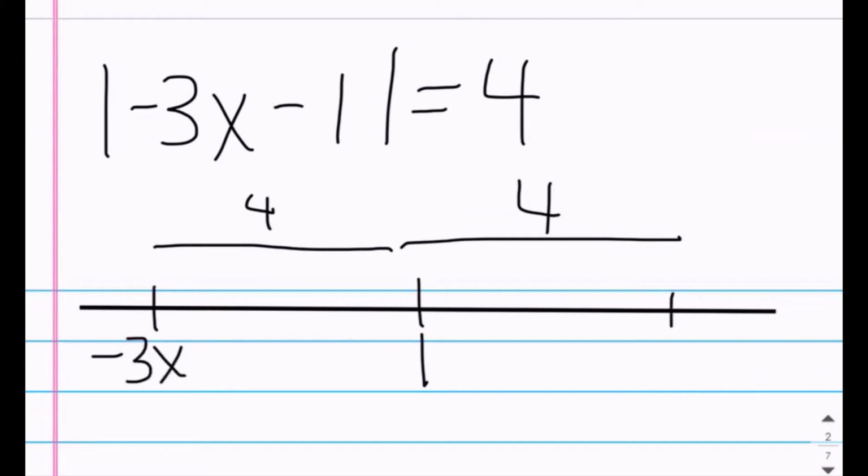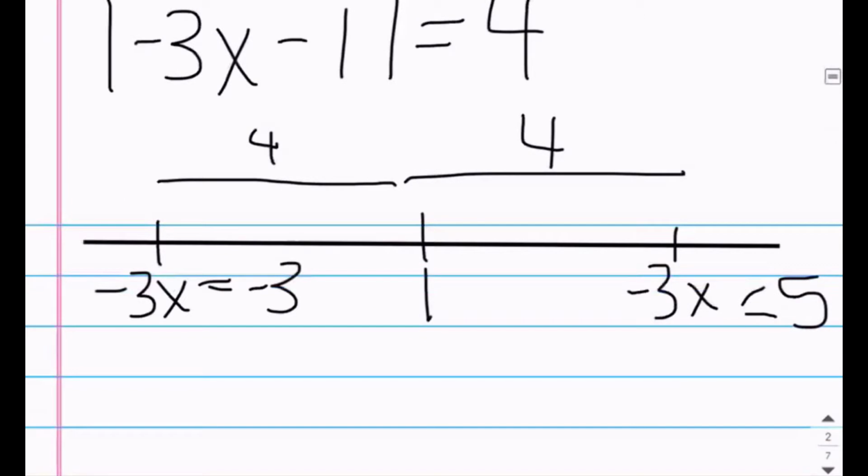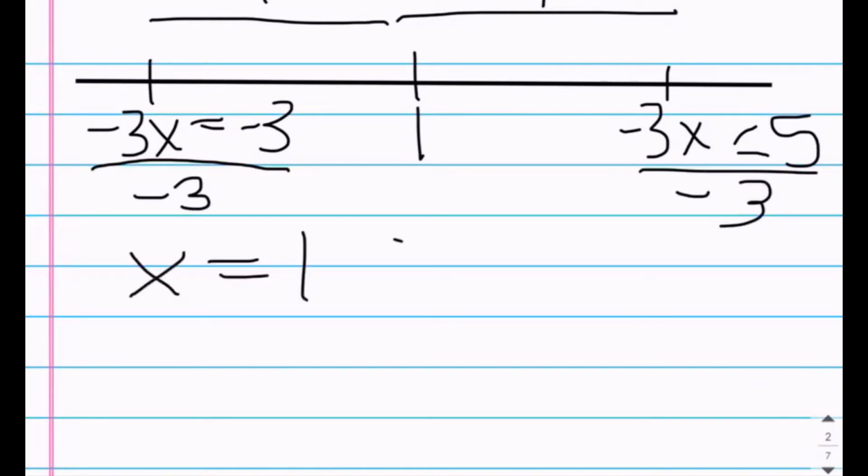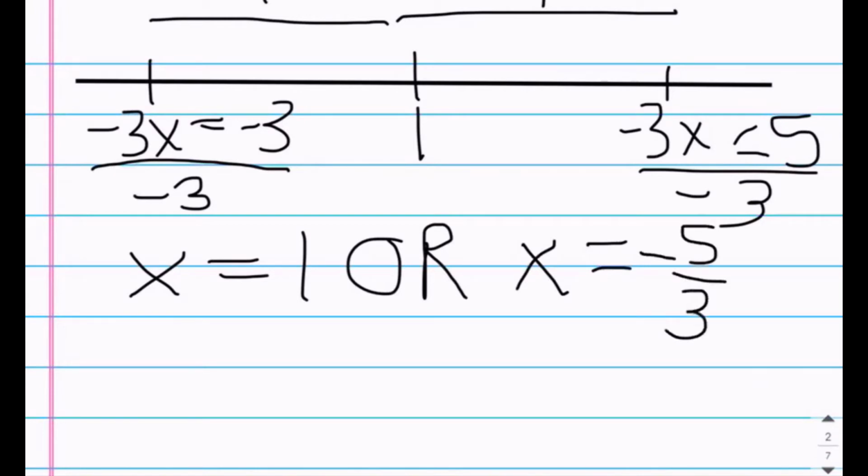Now all we have to do, 1 minus 4, negative 3. So negative 3x equals negative 3. And on this side, 1 plus 4 is equal to 5. So negative 3x is equal to 5. You divide this side by negative 3, and you get x is equal to 1, or x is equal to negative 5 over 3.